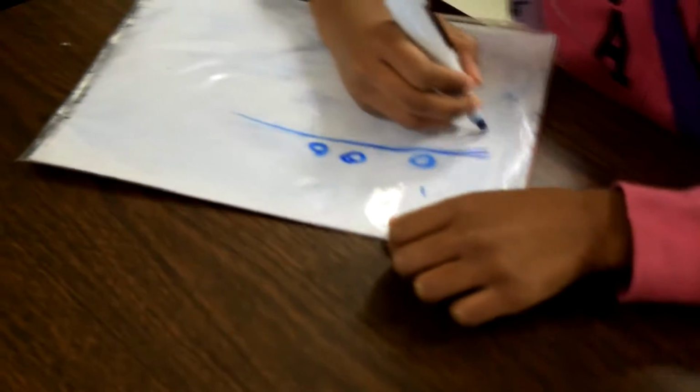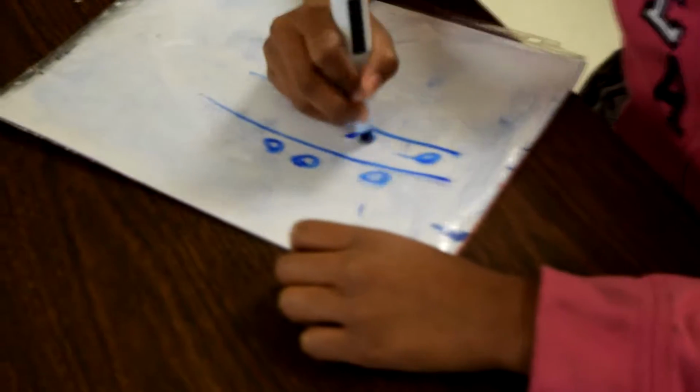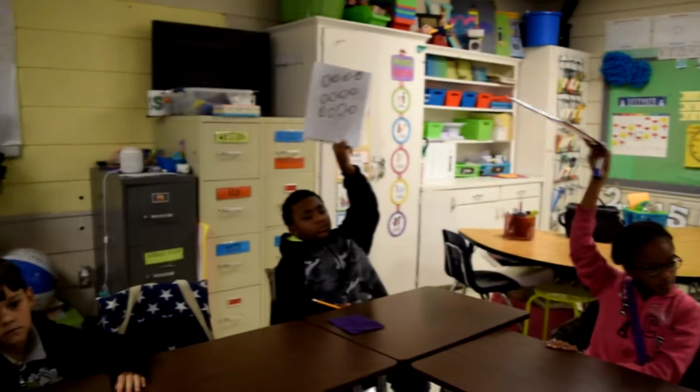You can give me happy pencil when you're ready. Good job. Skip count by 3s 4 times. Let me see your boards. Very good. And we wrote each number. Do not erase your board. Put it down.